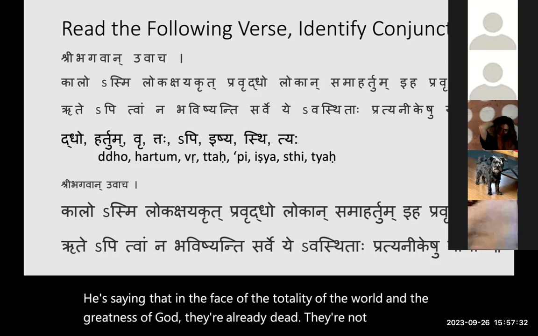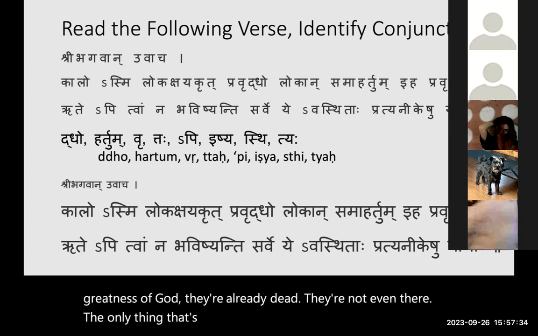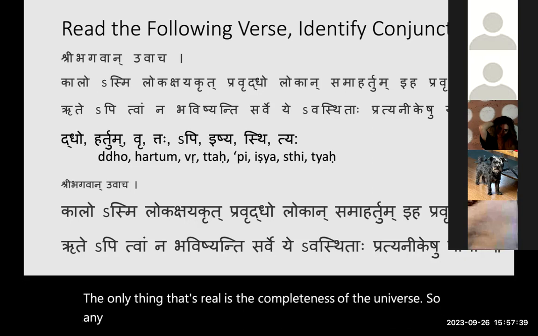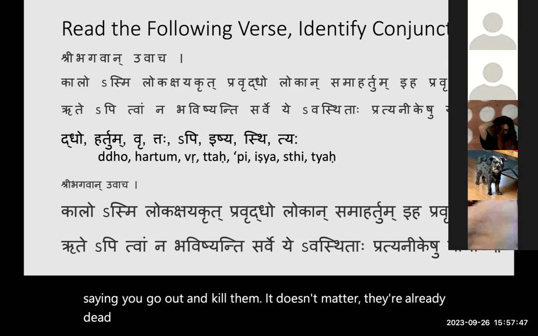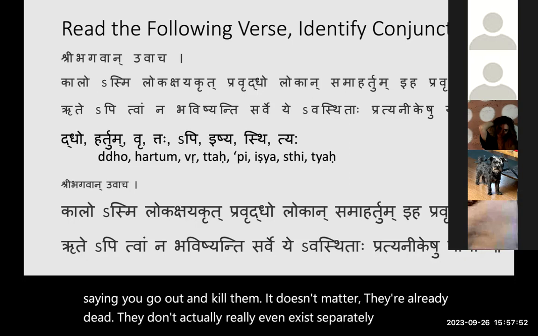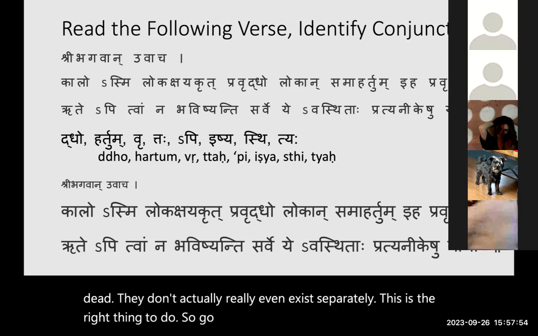They're not even there. The only thing that's real is the completeness of the universe. So any understanding of individuals is false. So Krishna is effectively saying, you go out and kill them. It doesn't matter. They're already dead. They don't actually really even exist separately. This is the right thing to do, so go forth and do it.